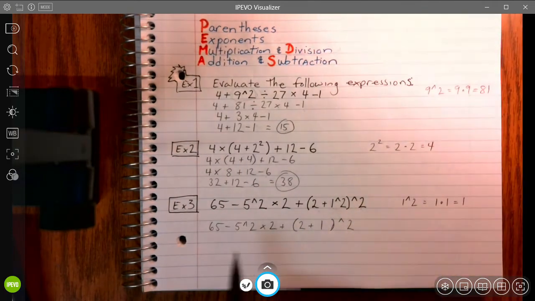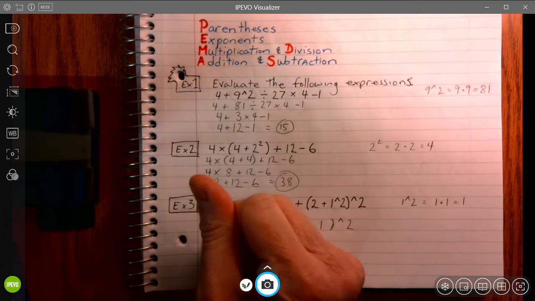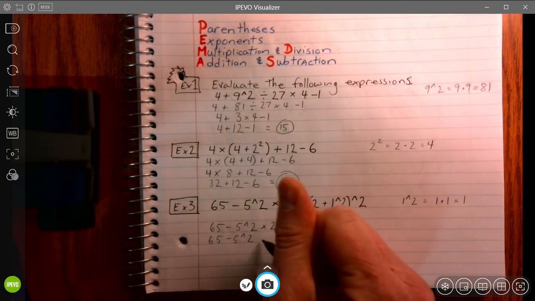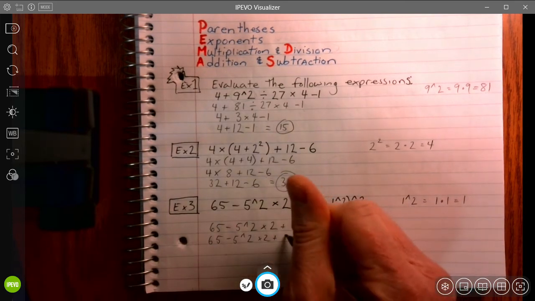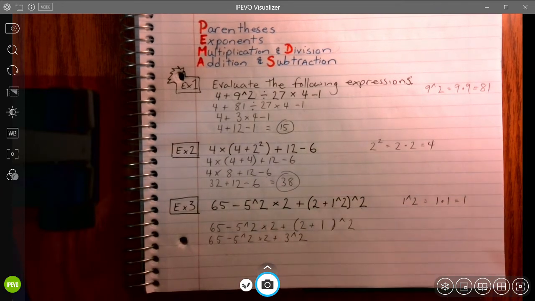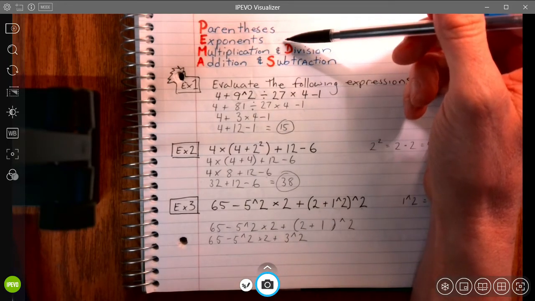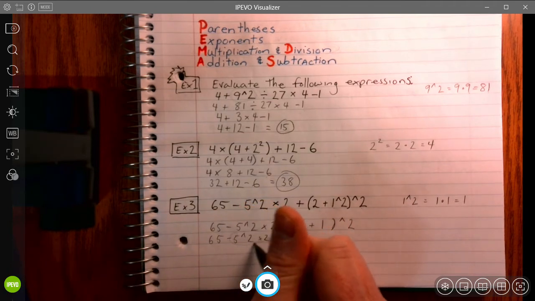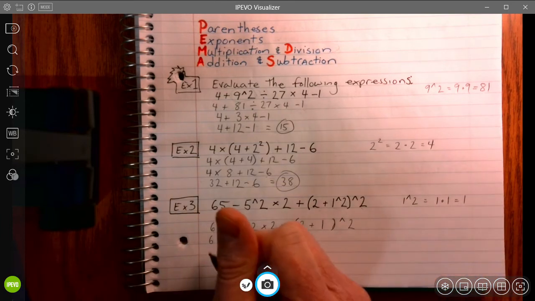Starting over, do I have parentheses? Yep, I still have parentheses. So I'm going to copy down the rest here. What's 2 plus 1? Well, that's 3, squared. Do I have parentheses? No. Do I have exponents? Yes. So my next step is to simplify these exponents.